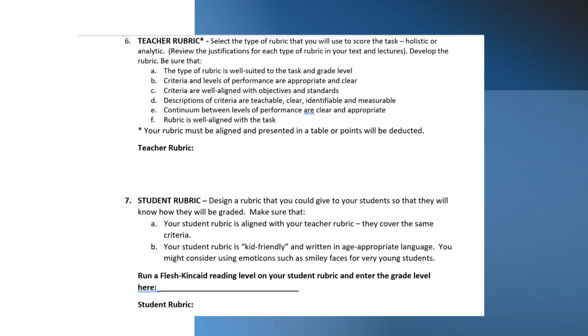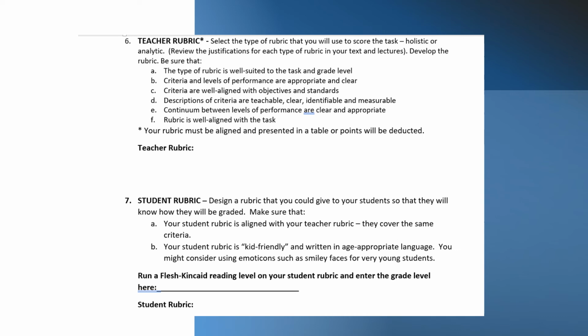For second or third grade, you might use emoticons showing happy faces or sad faces at the top for the descriptors. At the end, you're going to run a Flesch-Kincaid reading level on your student rubric only and enter the grade level here. So you don't have to do the readability analysis, but you have to do the grade level.